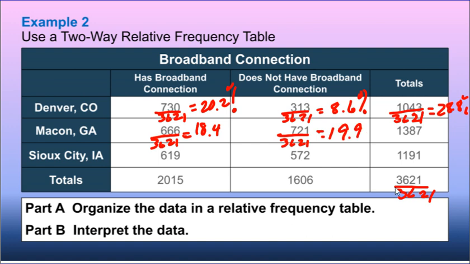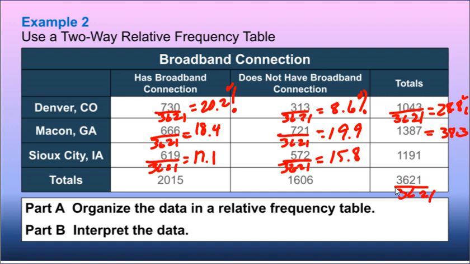If I add those together, 18.4 plus 19.9 gives us 38.3%. 619 divided by 3621 gives us 17.1. 572 divided by 3621 gives us 15.8.